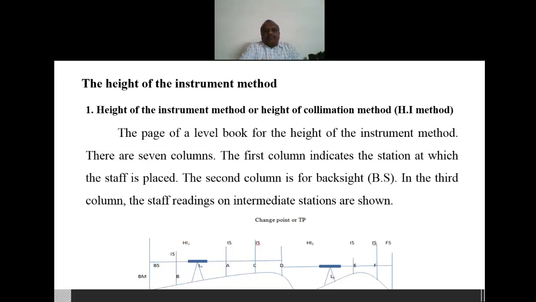The seventh column is reduced level, and the last, eighth column is for remarks. In remarks we can write any change point, or a known RL of a benchmark, etc.